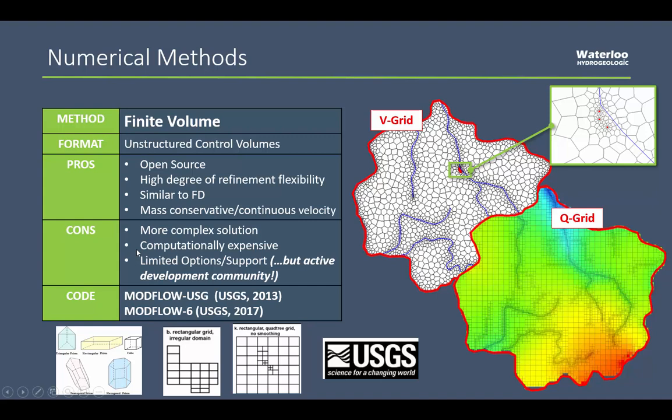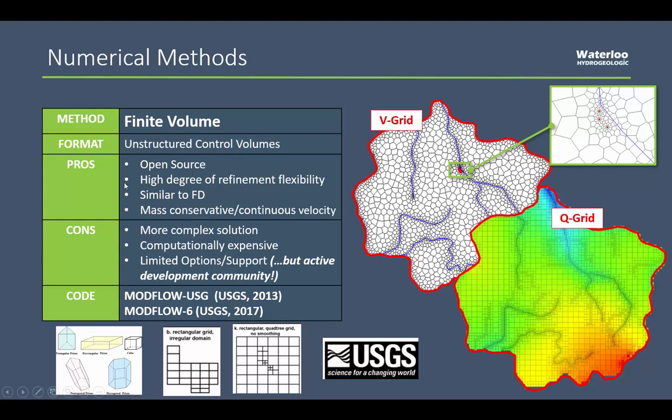But with the finite volume numerical method solution technique, which is what is available through MODFLOW USG, it's basically just a generalization of the finite difference methodology for any type of grid that doesn't necessarily have to have 6 neighboring cells. It's also open source, developed by the USGS, and provides you with all the refinement flexibility that you would have from a finite element mesh.